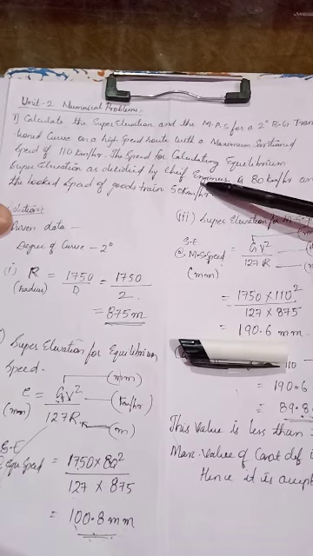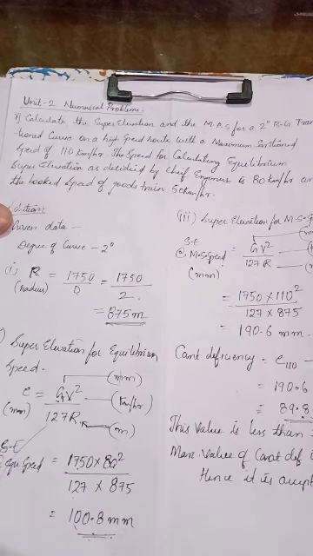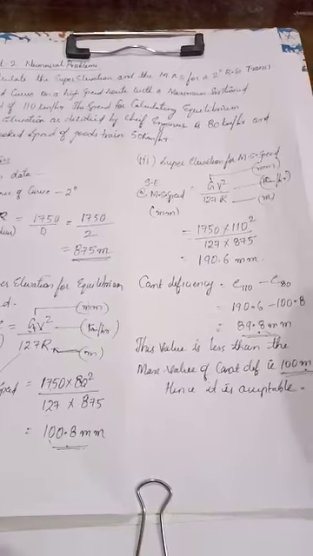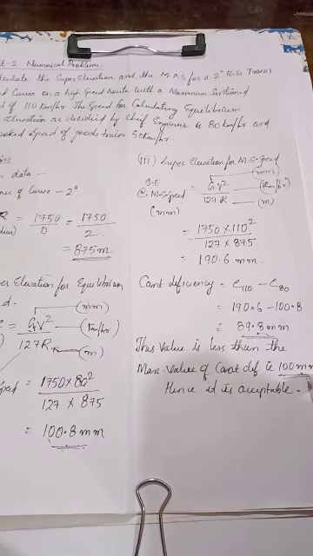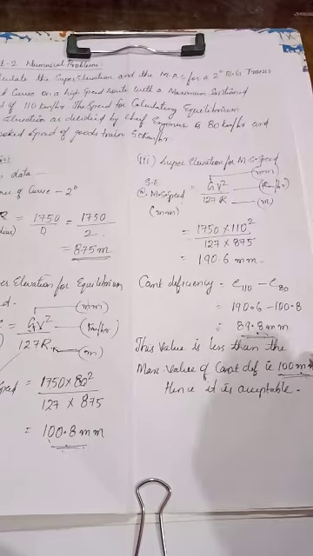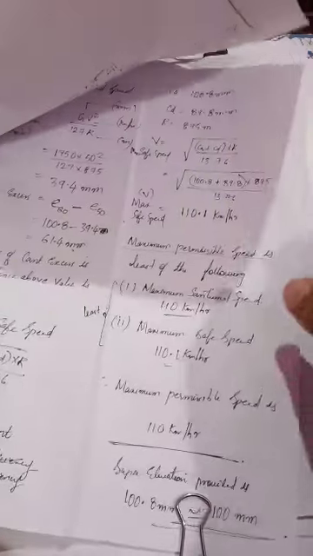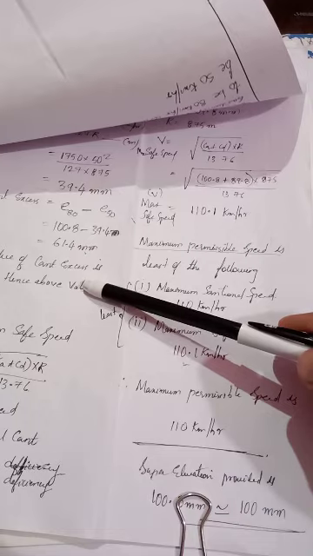Let us see one more problem in which, if this degree changes, whether this cant deficiency falls under the 100 mm limit or not. If it won't fall under the 100 mm limit, what modifications have to be done, and how it has to be limited to 100 mm. And whether the cant excess falls under the 75 mm limit.